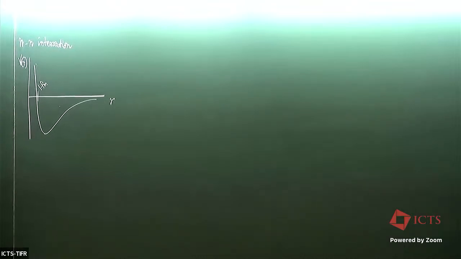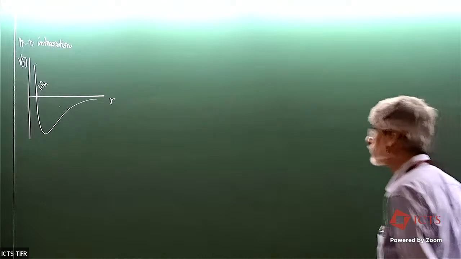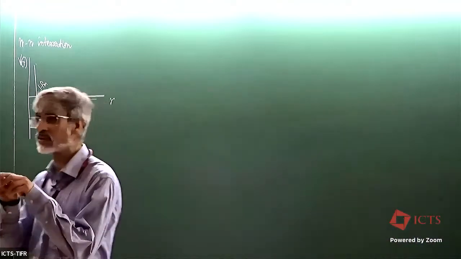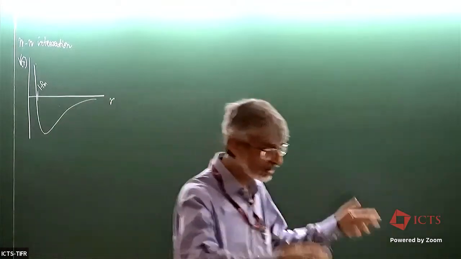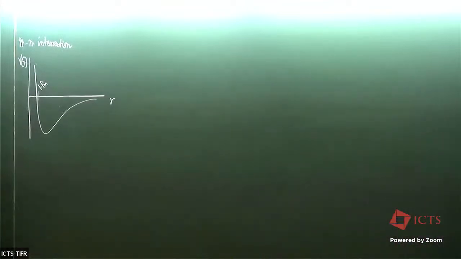You would ask, why can't we do this in accelerators? Accelerators are built to probe interactions at very close distance, right? The higher the energy that you raise the particles up, the smaller is the de Broglie wavelength, and therefore the shorter is the distance you can probe.